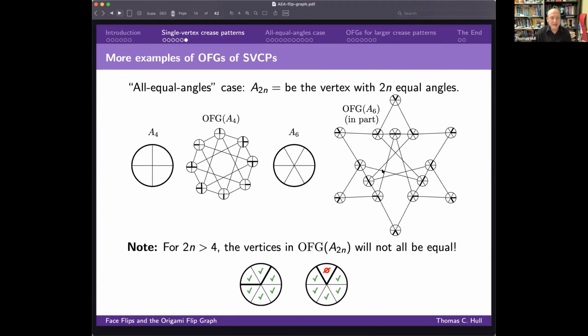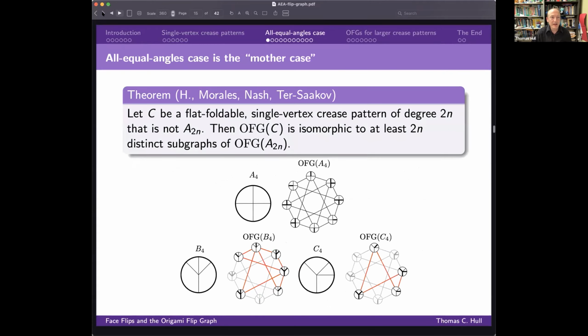Okay, so my students decided to focus on this a little bit, and they discovered a rather nice theorem: if you take any flat foldable single vertex crease pattern, not necessarily all equal angles, but just any single vertex flat foldable crease pattern of degree 2n, then its origami flip graph is going to be isomorphic to a subgraph of the origami flip graph of the all equal angles case.